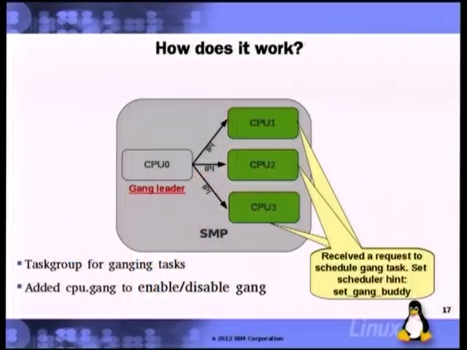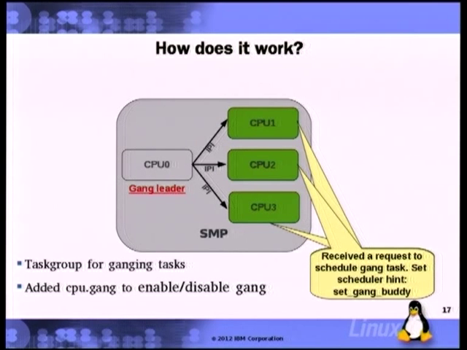The CPUs, when receiving an IPI, would know that it's a gang task that has to be scheduled, and will look into its run queue. If it has a task belonging to the same gang available on the run queue, it's going to influence the scheduler, saying pick this next, set a gang buddy and do a reschedule.